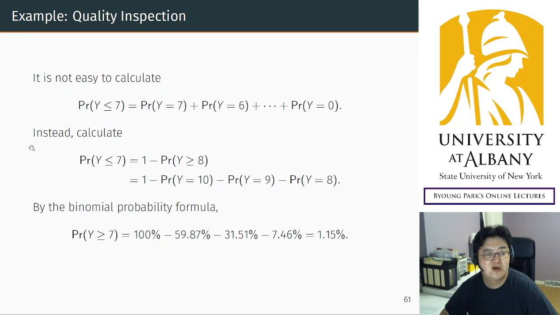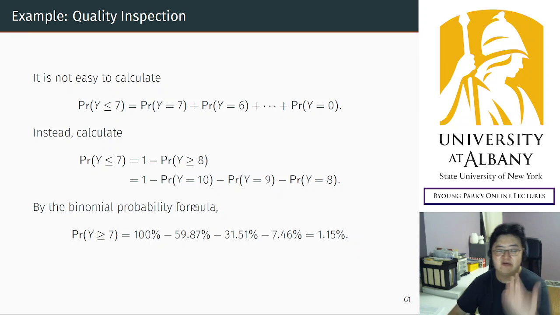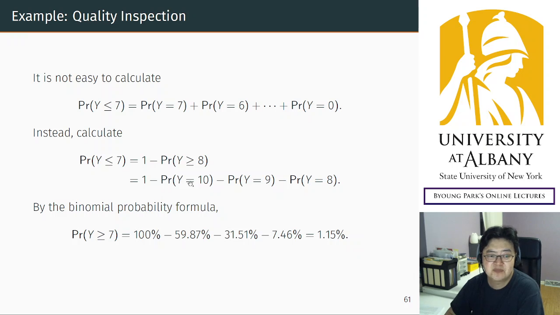So you may want to use the other side. The other side might be more useful because it includes everything but 3 cases. So only count these 3 cases. That would be easier if you use the binomial probability formula. If you use the formula directly and calculate each single probability, then you have to do it this way.